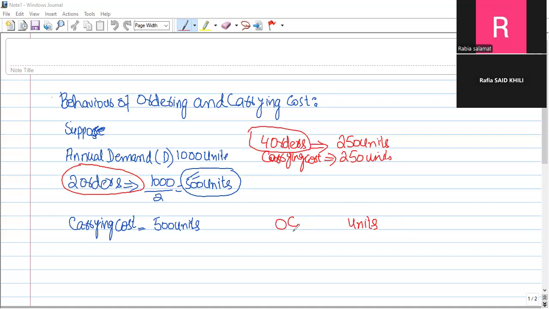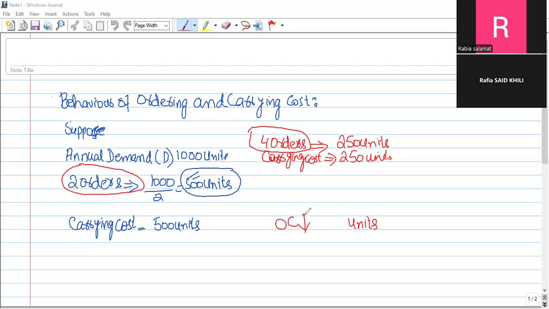If ordering cost is reduced, it means my number of orders is reduced. I order only two times, so I incur the order cost only two times. But if I order four times, I have to incur the ordering cost four times.